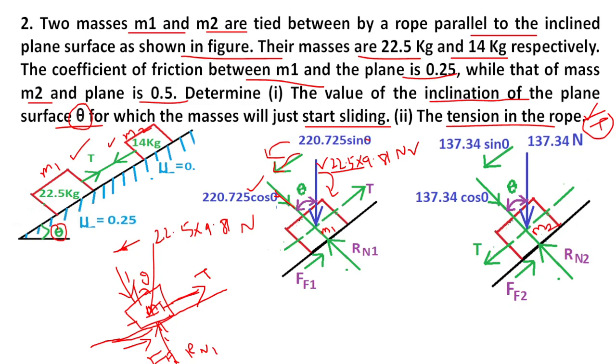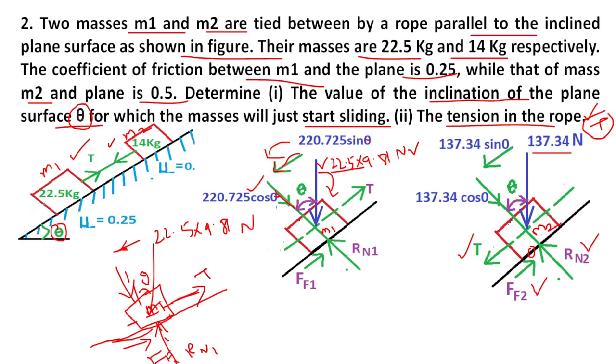Next, the free body diagram of mass m2, which is 14 kg. 14 into 9.81 is 137.34 Newtons acting vertically. The reaction force Rn2 is perpendicular to the block. The frictional force F2 is opposite to the tension, and it restricts the movement of the block downward.